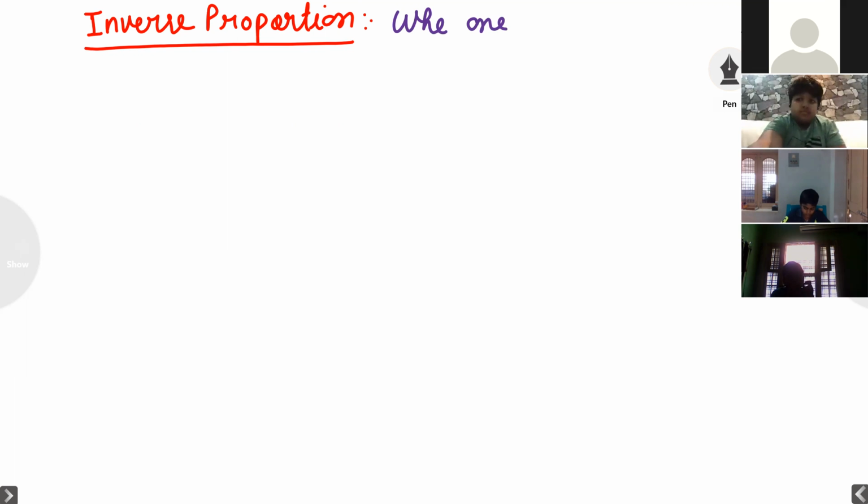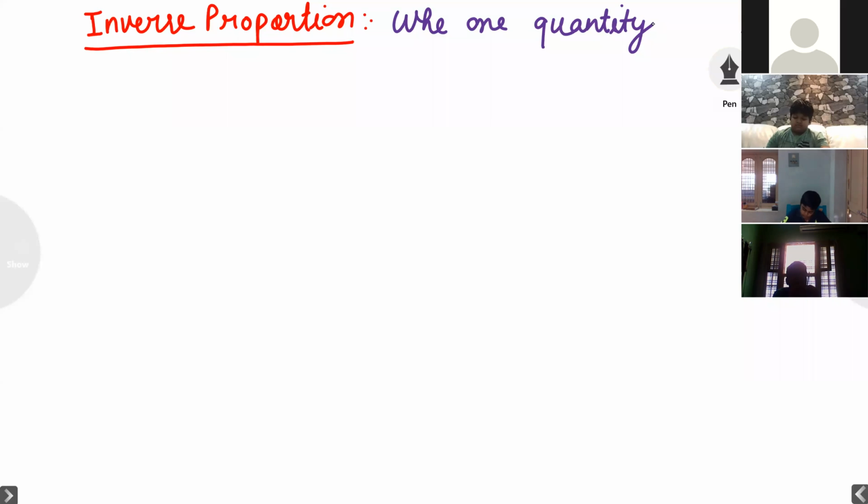When one quantity increases, the other quantity decreases.